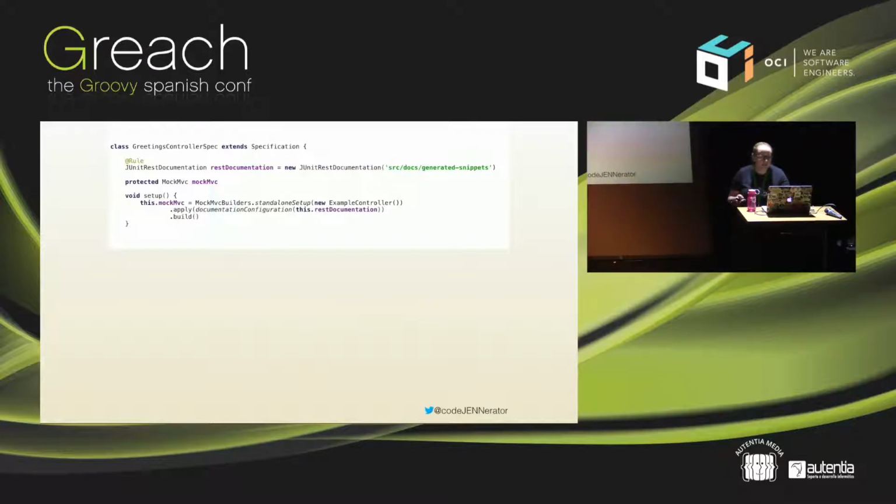So to get started with Spring REST docs, we have to do a little bit of setup, and so it's just specifying where this output is going to go and how to hook in to the requests that are already running.